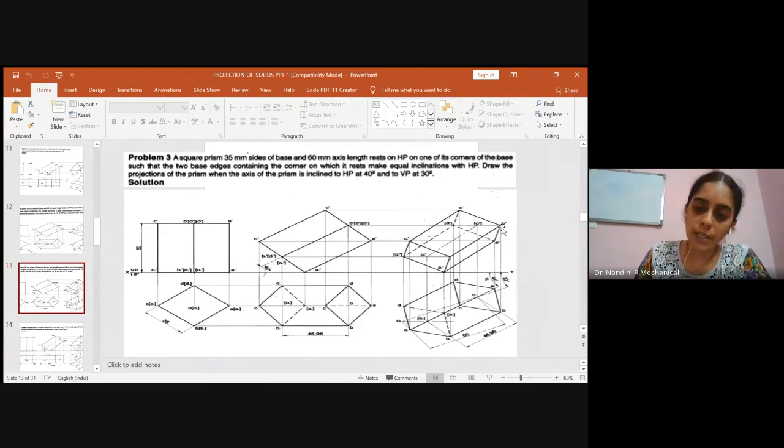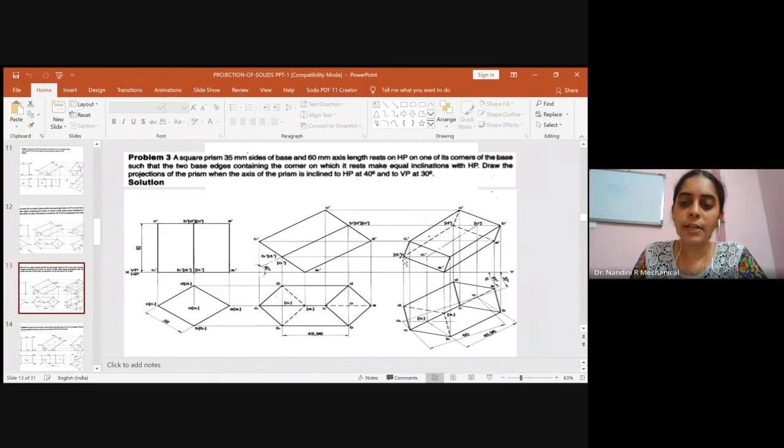Okay, so now you see locus of A is here. A1 is meeting A1 dash at this point. So this is our A1 dash. So this is the locus of B. Locus of B1 dash is meeting here. So this is our B1 dash. It is not named here, but this is B1 dash. Then locus of D1 is meeting D1 dash at this point.